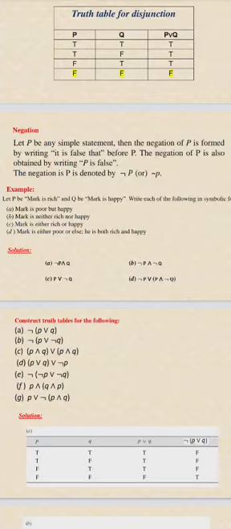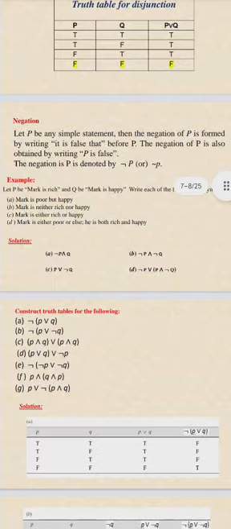Example: let P be "Mark is rich" and Q be "Mark is happy". Write each of the following in symbolic form. First, "Mark is poor but happy".